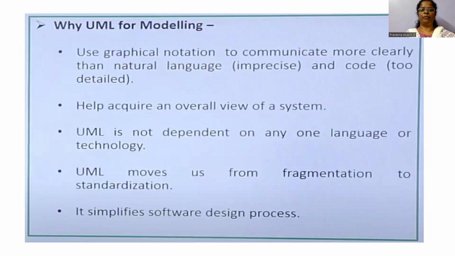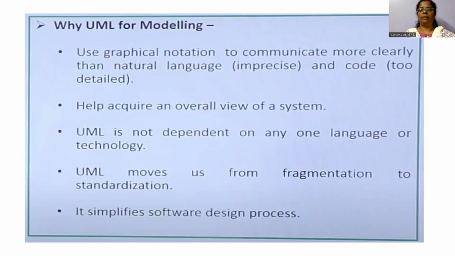Instead of expressing everything with words, if you represent it in graphical notation, it can be easily understood by the user. And it also helps us acquire an overall view of a system.